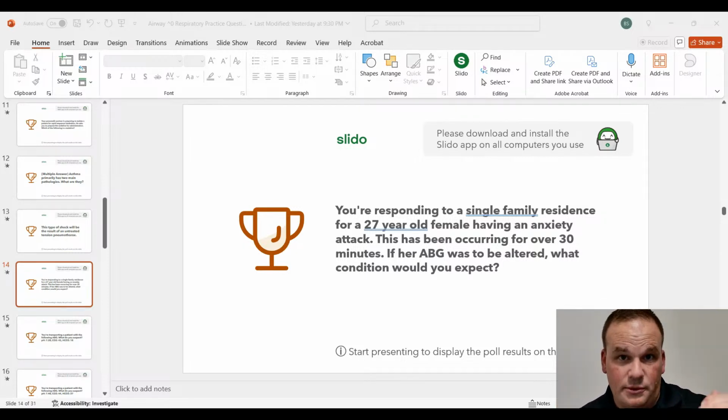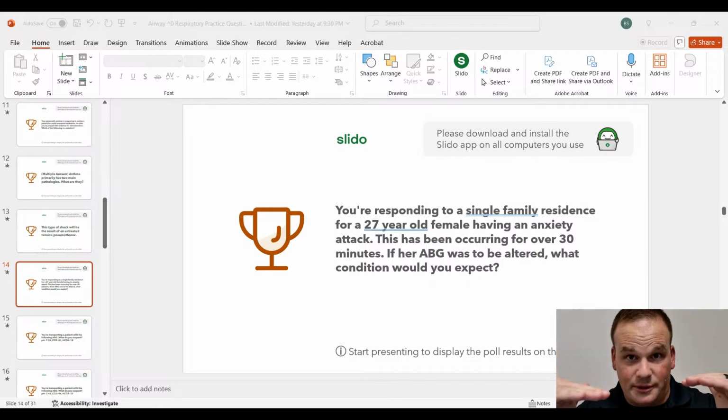So 7.28 is an acidosis problem, and my bicarbonate level is also lower, right? Metabolic equal, so this would be a metabolic acidosis. My respiratory value is fine. It's high normal, but still within normal limits.